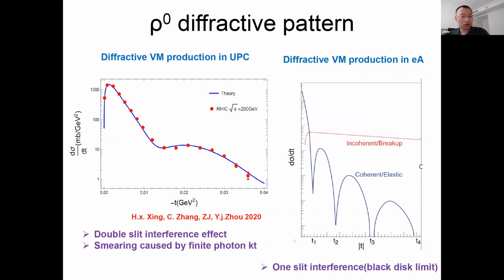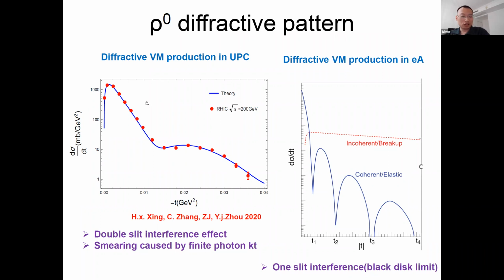Okay, now let me show some numerical results. This is for the UPC cross-section for diffractive rho zero production. Our calculation almost perfectly matches STAR data here. The diffractive pattern yielded from a target with the black disk limit being taken is shown on the right-hand side of the plot for comparison.